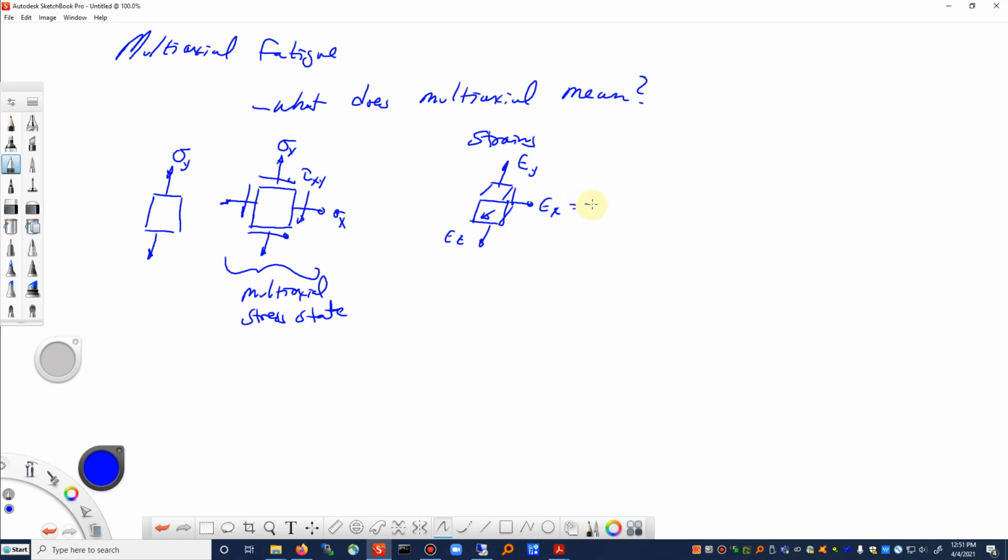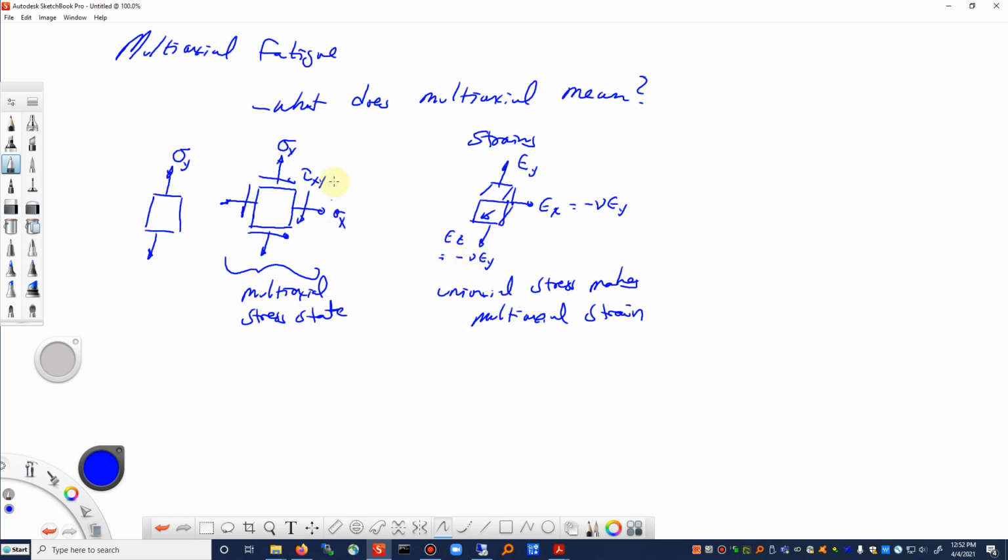Of course, this would be minus nu times epsilon y if we're in the elastic range, and then minus nu times epsilon y again for this one. Now, even though there are several strain components, these are dependent, so you could say there's one primary strain.